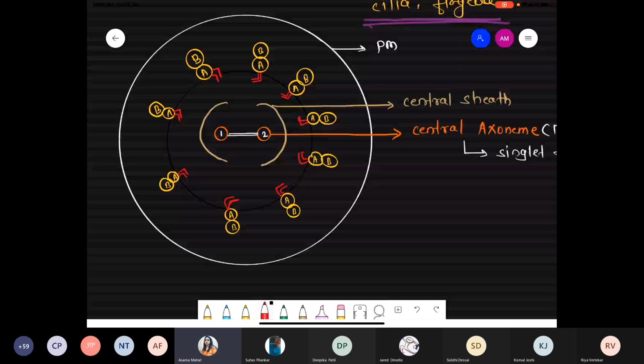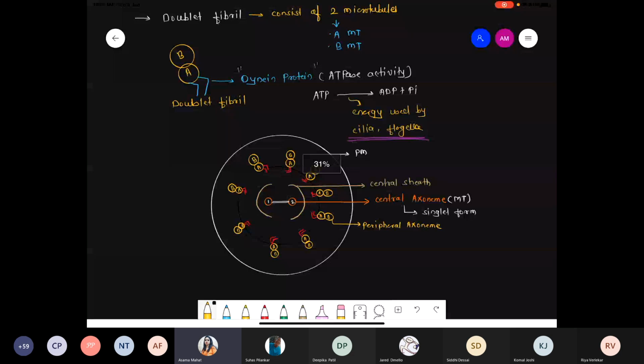Now just see, what we have drawn here is simply called the peripheral axoneme. And again this peripheral axoneme is made up of microtubules.